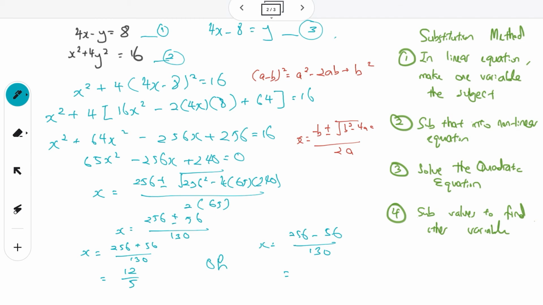And this will give us 20/13. And that is step 3 done. Now all we have to do is to substitute these x values into our previous equation to find our y values. And our y values will also have two different values because we have two different x values to plug into this equation. Now let us do this on the next page.